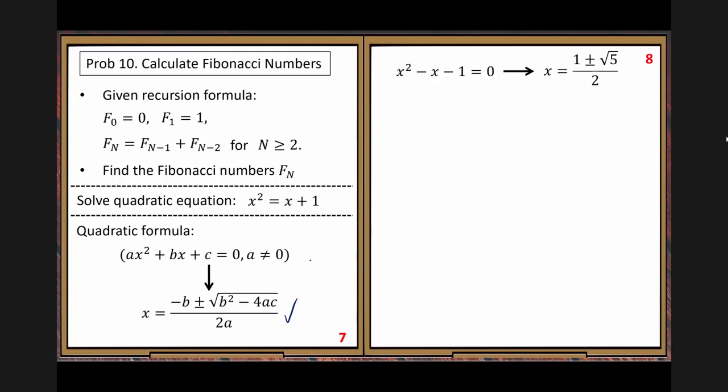After simplification, x may take two values: 1 plus or minus root 5 over 2. One is 1 plus root 5 over 2, another is 1 minus root 5 over 2.